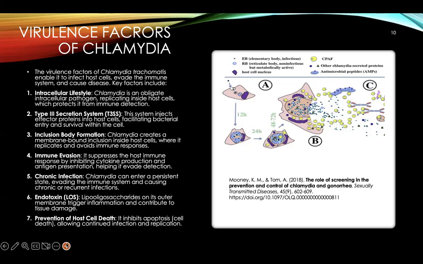Chronic infection, which means that chlamydia can enter a persistent state, evading the immune system and causing chronic and recurrent infections. Endotoxin, lipopolysaccharides on its outer membrane trigger inflammation and contribute to tissue damage, and also prevention of host cell death. It inhibits apoptosis, cell death, following continued infection and replication.